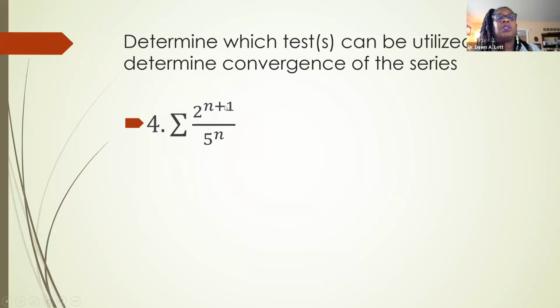Suppose that plus 1 was not there. It would be 2 over 5 to the n, and what is that? Is that ratio? I can use the ratio test on this. I can use the root test on this.